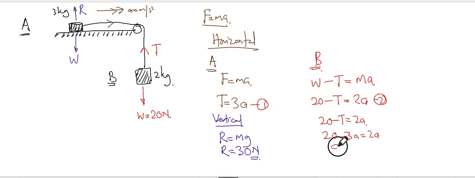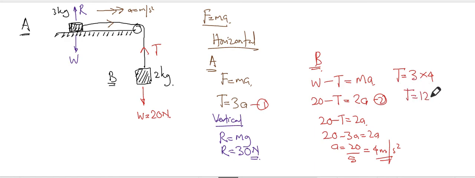So 20 equals 5a, divide by 5 and a equals 4 meters per second square. So that's the acceleration for this system when it's in motion. T equals 3a, so 3 times 4, T is 12 Newton.